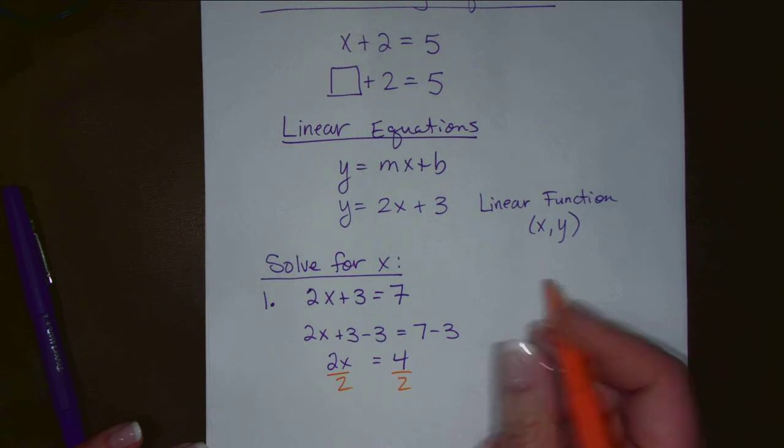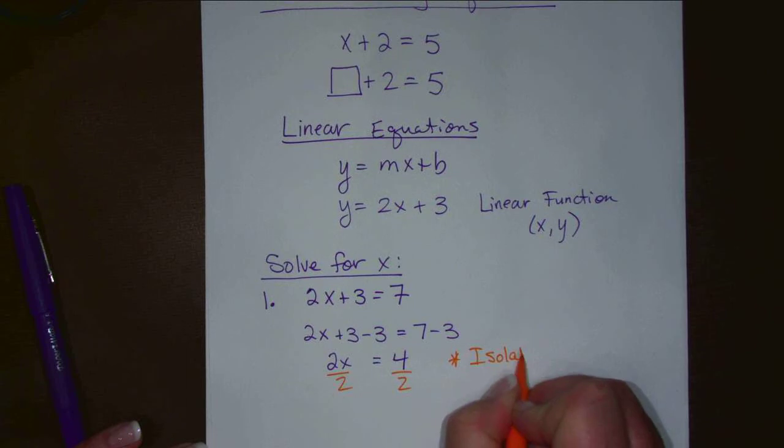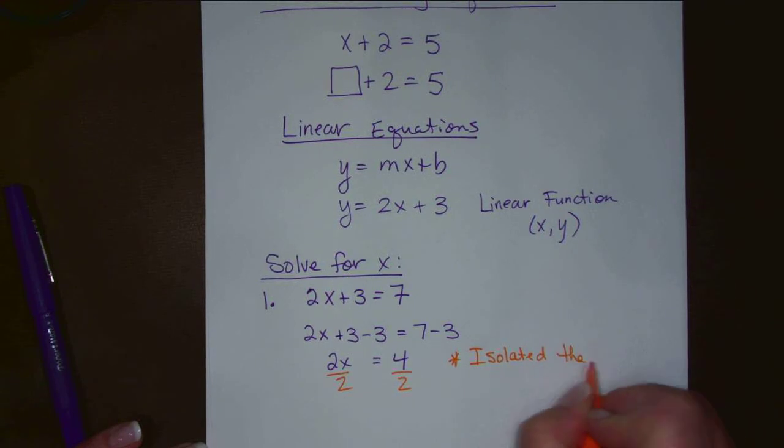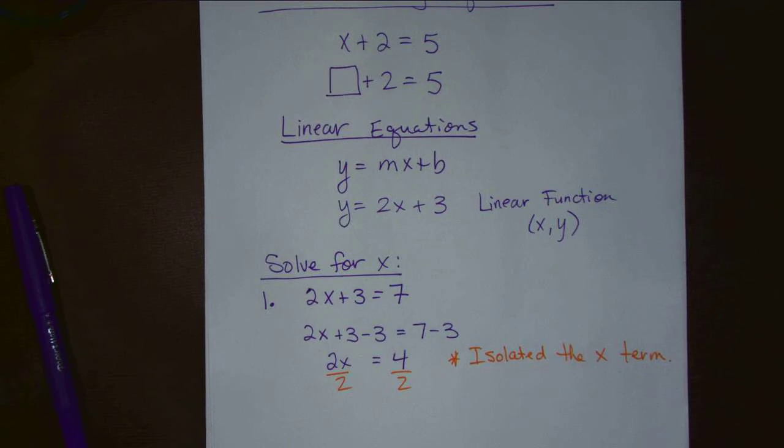So when I say this, we have isolated the x term. What does that mean? On one side is whatever term had the x in it, and there's nothing else on that side. This will come in handy later when we've got some complicated things with radicals and fractions in it. You're trying to isolate whatever variable you want, so you want it by itself on one side.